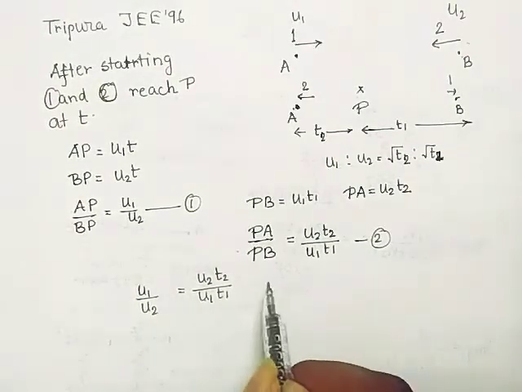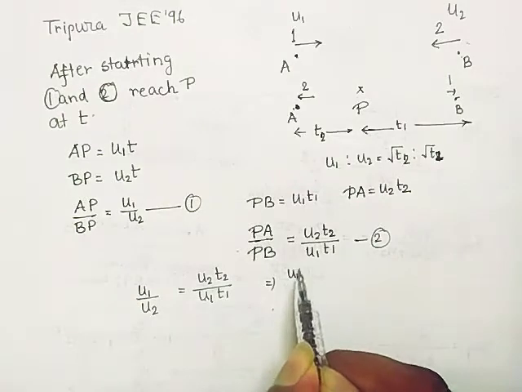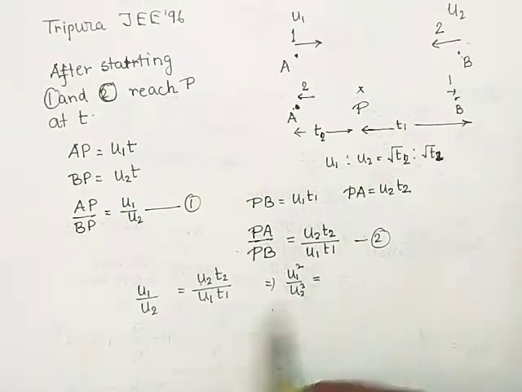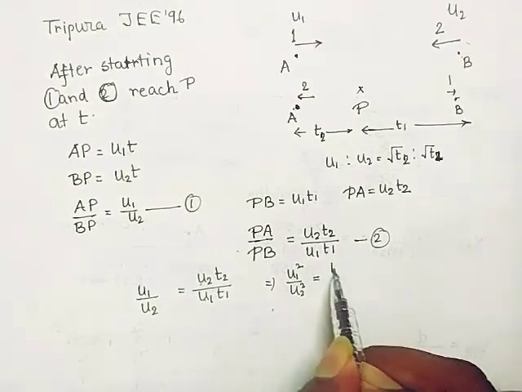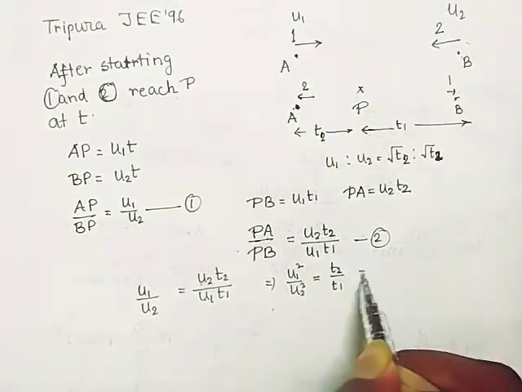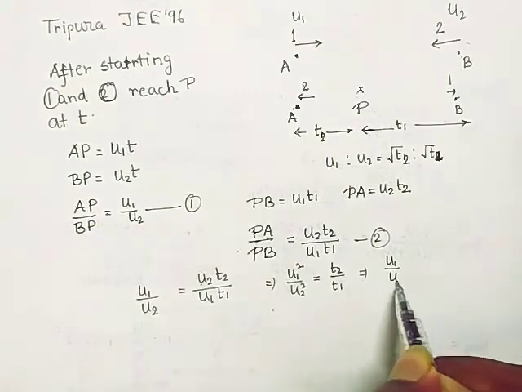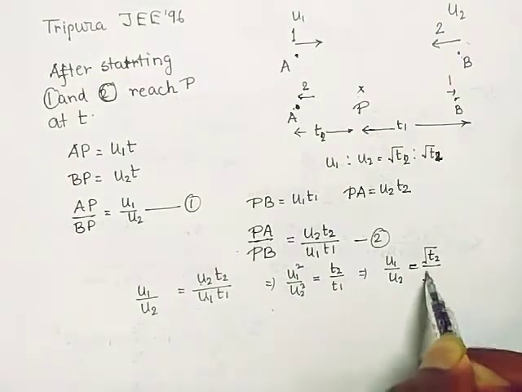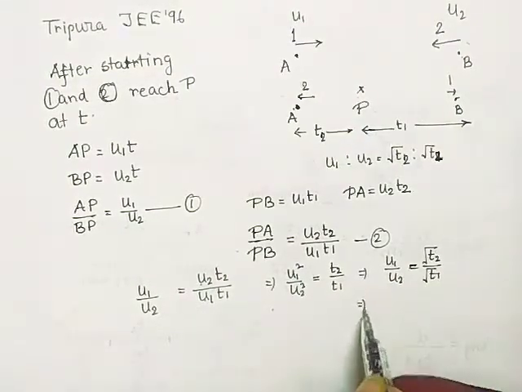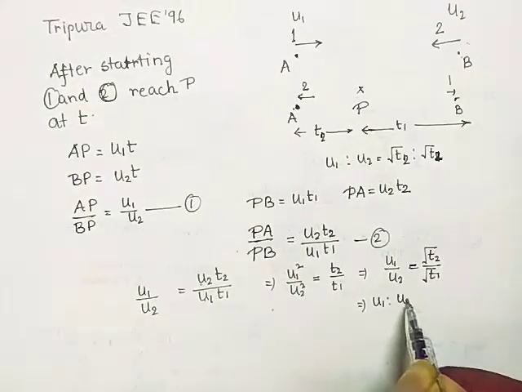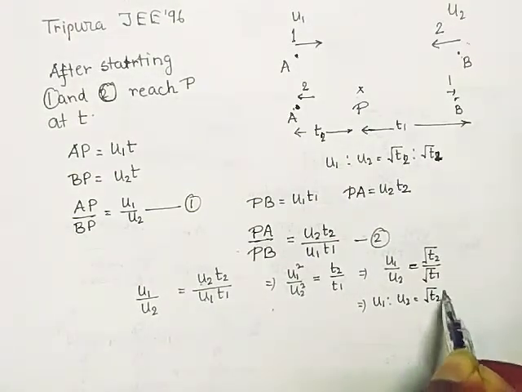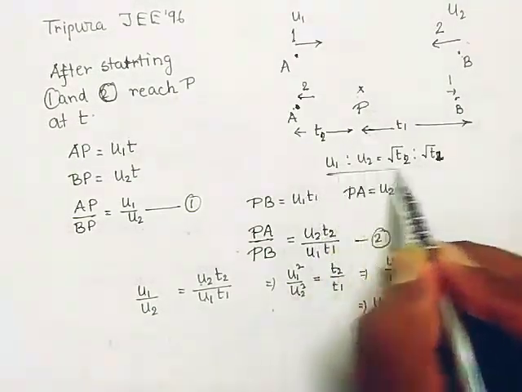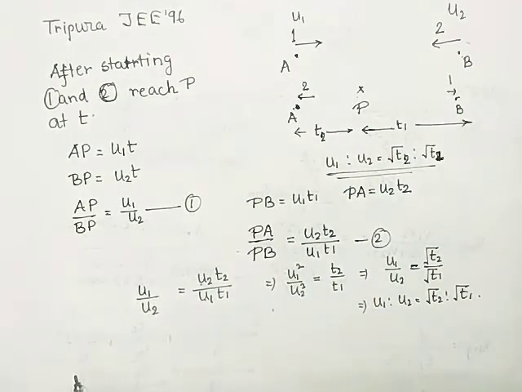With cross multiplication it becomes U1 square over U2 square equal to T2 divided by T1. So U1 divided by U2 equals root over of T2 divided by root over of T1. So this gives U1 is to U2 equal to root over of T2 is to root over of T1. This is what we had to show.